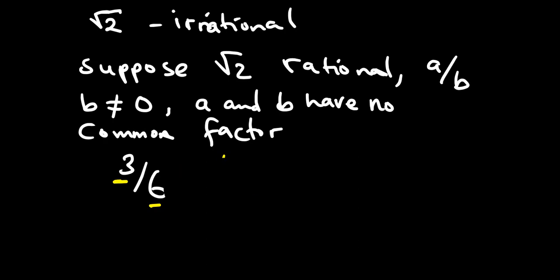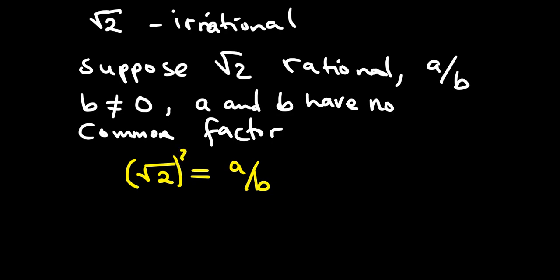So from this stage, what do we do next? Since we've supposed that root of 2 is rational, meaning it can be expressed in the form a over b, we can square both sides.